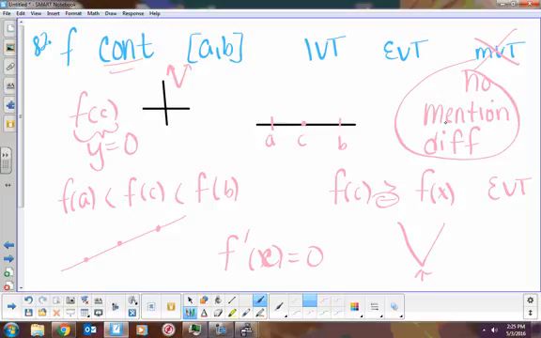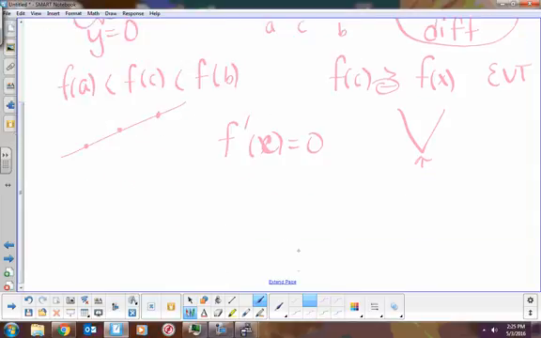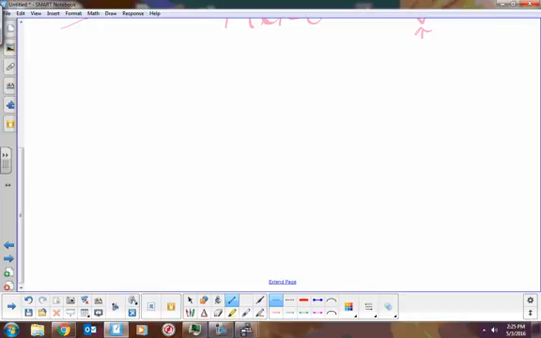Okay, we're on MC33, page 10. Number 10 on MC33. All right. You have a graph, and in this graph, you have a horizontal asymptote and a vertical asymptote. Question, where is the horizontal asymptote occurring?